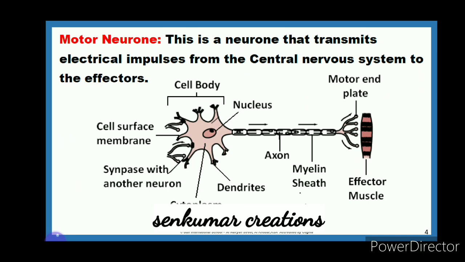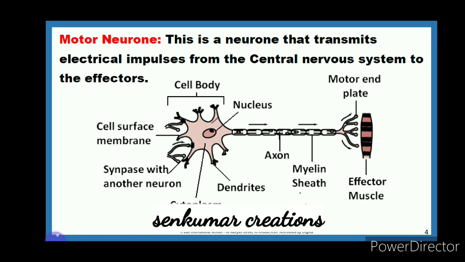Okay, so you can see the structure of the motor neuron. On the top side you can see the cell body. Inside the cell body, the nucleus is present, and you can see the cell surface membrane. It is an animal cell, so only the cell surface membrane is present, and the cell wall is absent, right? And the synapse with another neuron, that we can see.